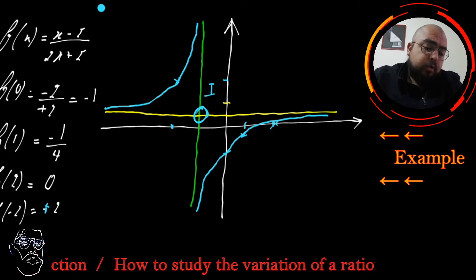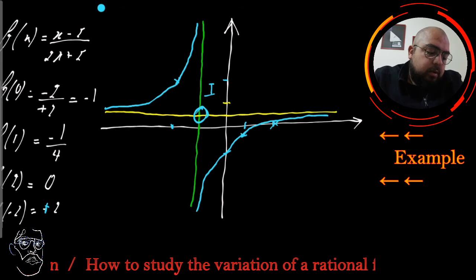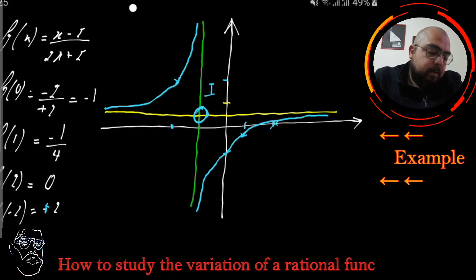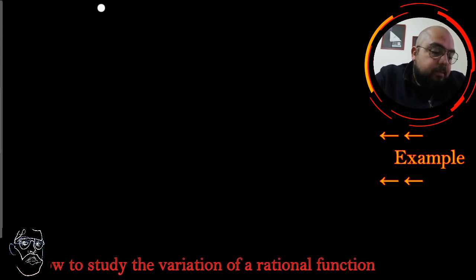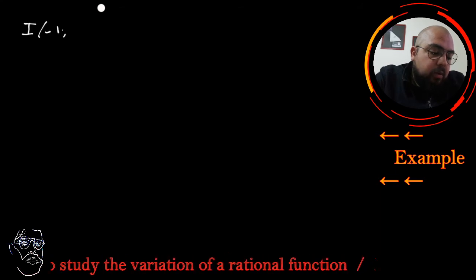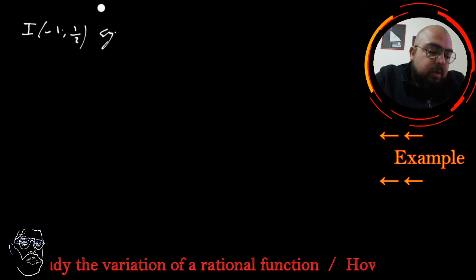How am I supposed to verify? It's very easy. You can simply say, is I minus 1, 1 over 2 a center of symmetry?